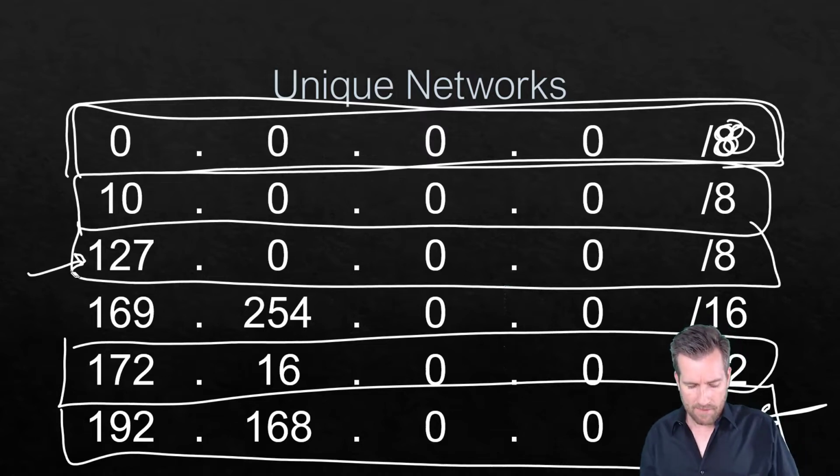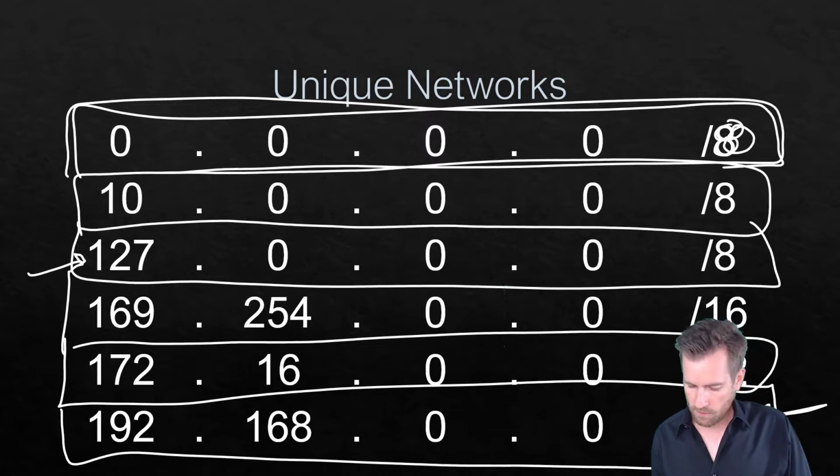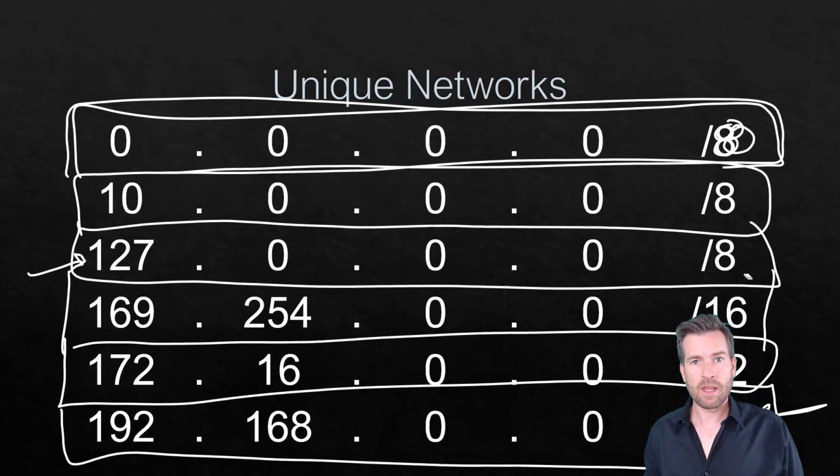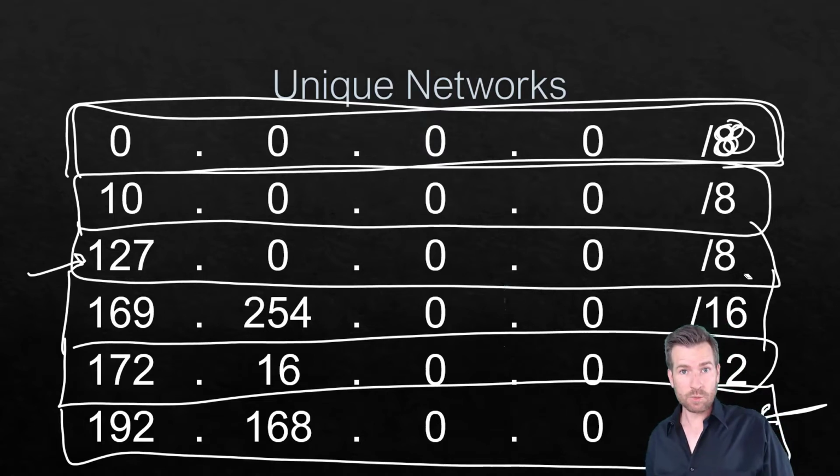And then we have this 169.254.0.0. If you plug your switch into a network but it does not get a dynamically assigned IP address, it's looking for a dynamically assigned IP address, but it can't find a DHCP server, and so it will then just take on one of the addresses within this 169.254 range.